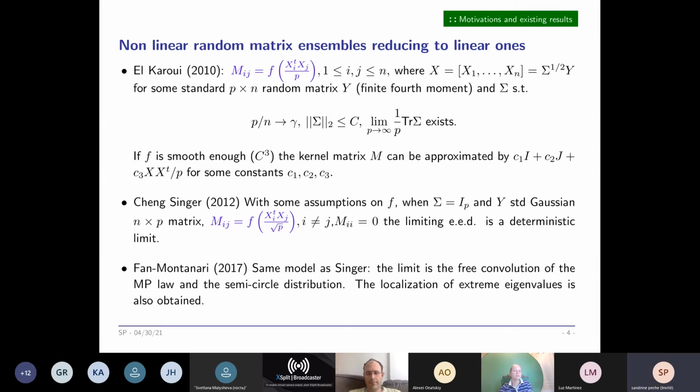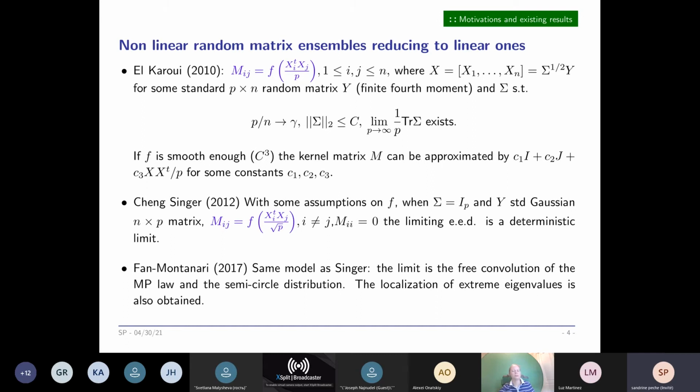Okay, and sigma is equal to the identity matrix in this case. So they show that the limiting empirical eigenvalue distribution is a deterministic limit, which is actually the free convolution of the semicircle distribution and the Marchenko-Pastur law.